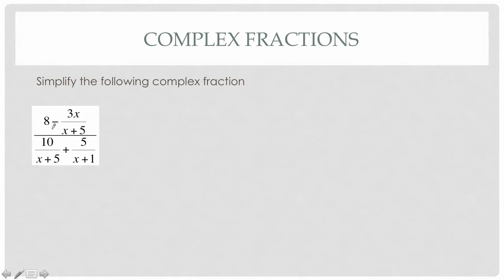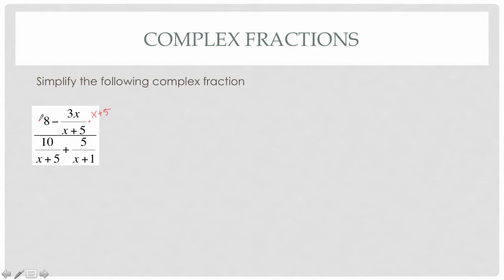Well, one way to do it is just to focus on each in turn. So I have a division by x plus 5 over here, right? So I can take and multiply x plus 5 on the top here.